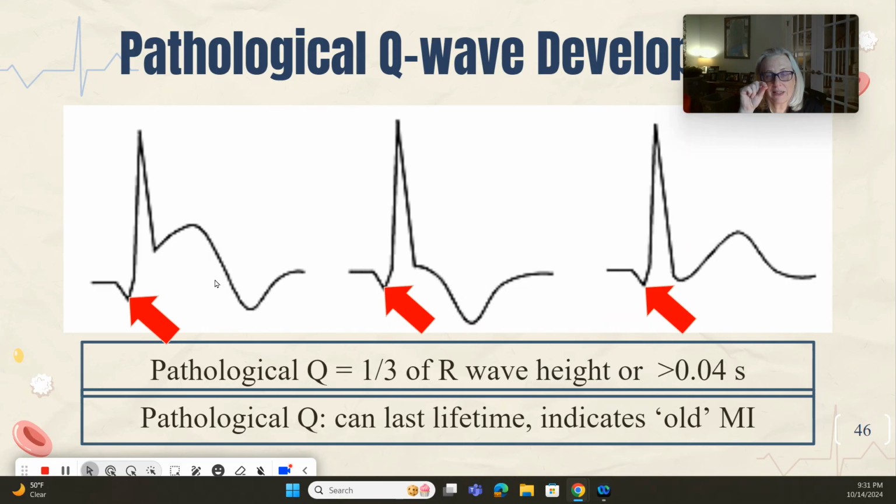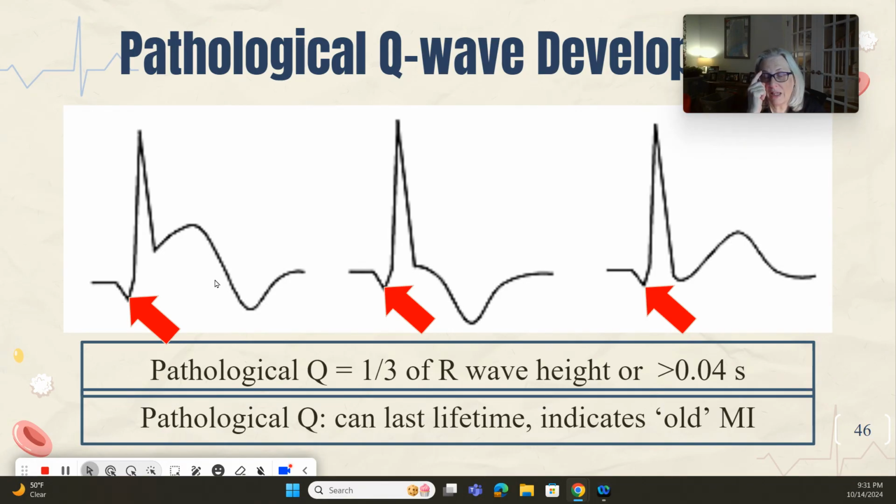Okay, so it's shallow and skinny. When a pathological Q happens, we have that damage to the heart. It starts to form at the STEMI spot. And then as you come out of the heart attack, it stays there permanently for the rest of your life. It's damage to your heart. So that Q wave will be deeper and wider than it was before.